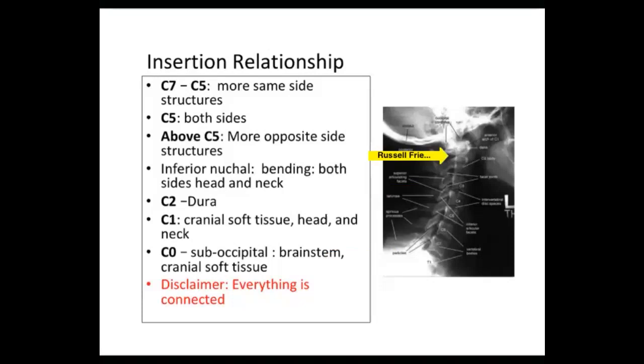If you look at the inferior nuchal point, which sits right on the corner between the mastoid, which is up in here, and the EOP, it's basically on the corner side of the head. You'll feel it at that point. That is one of my favorite places to play, after C7 and C5, because it gives you access to both sides of the head and neck.